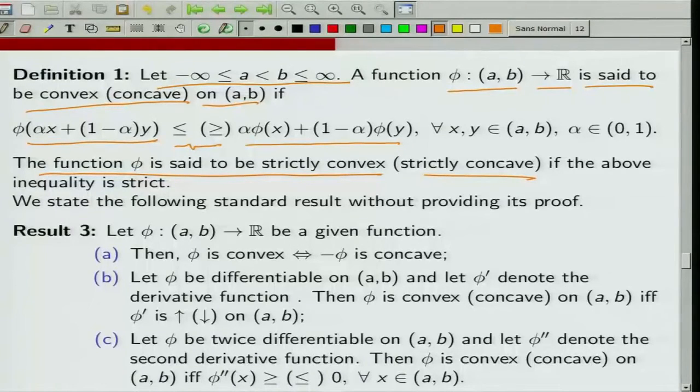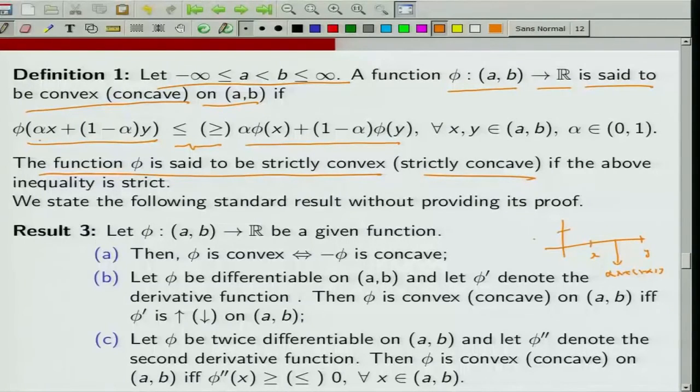Let us try to interpret this condition. What is alpha x plus 1 minus alpha y? It is a mean of x and y, so it is some point between x and y. Suppose x is over here, y is over here. So this point would be alpha x plus 1 minus alpha y, some point in between. I am saying the value of the function at this point is always less than or equal to the value.